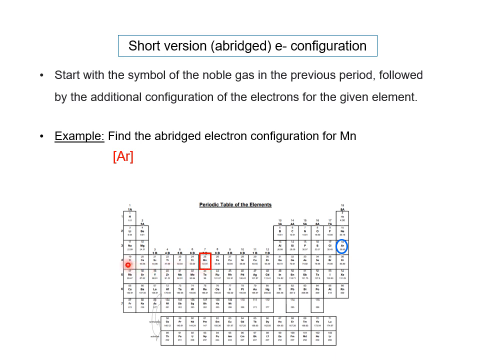So then after argon, it's 4s2, then 3d5 to get to manganese. So this is called the abridged or the short version electron configuration. It's the preceding noble gas in brackets followed by all the other remaining electrons that are in between that noble gas and the element that we're finding the configuration for.